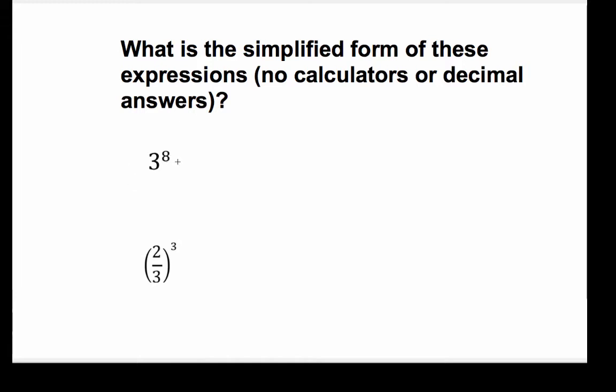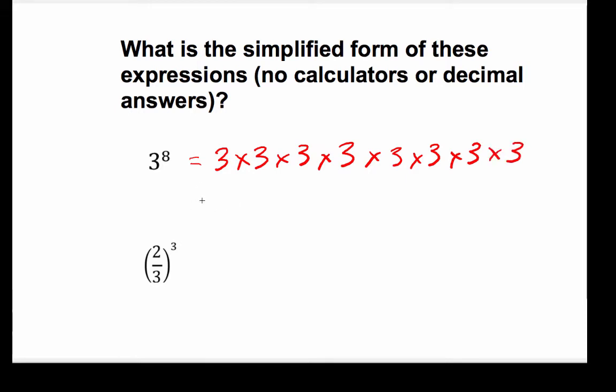So our first problem here, 3 to the 8th, understanding what exponent's telling us to do, 3 to the 8th power. It's telling us to take the number 3 and multiply it by itself 8 times. So basically 3 times 3 times 3 times 3 times 3 times 3 times 3 times 3.